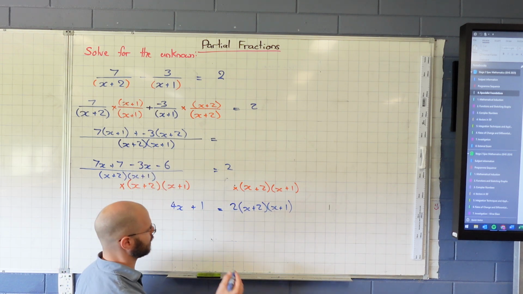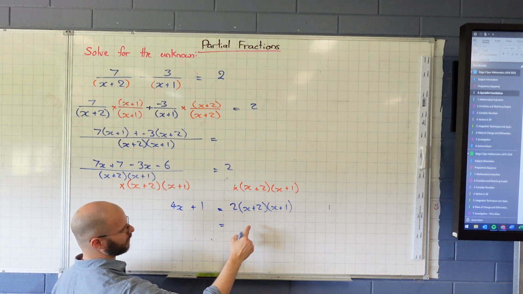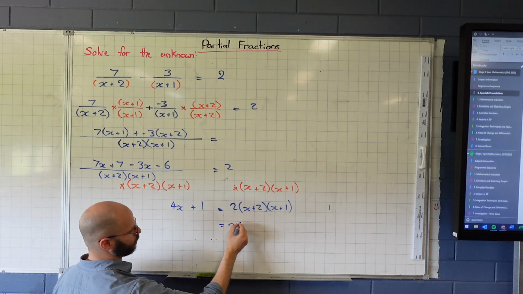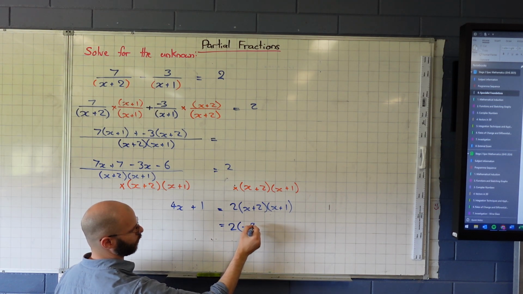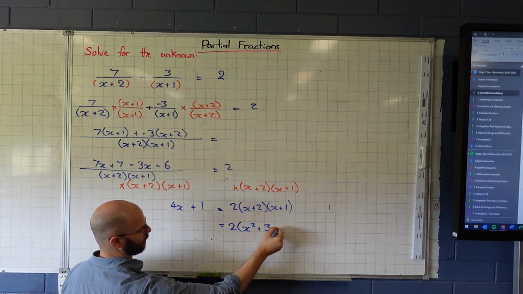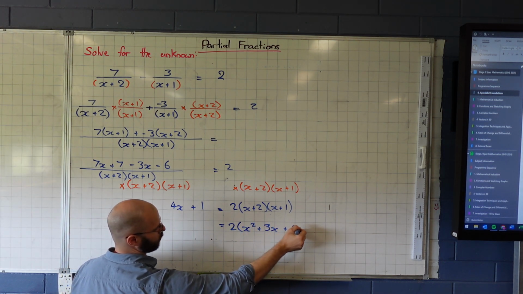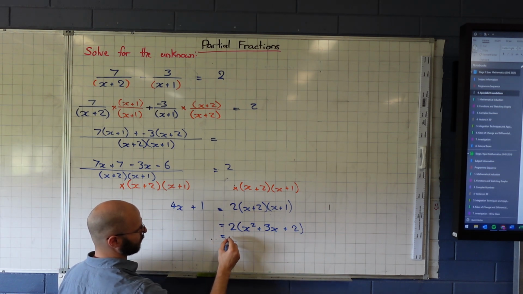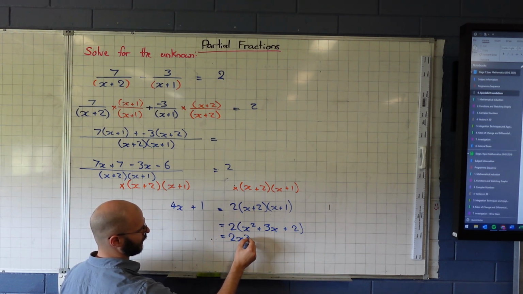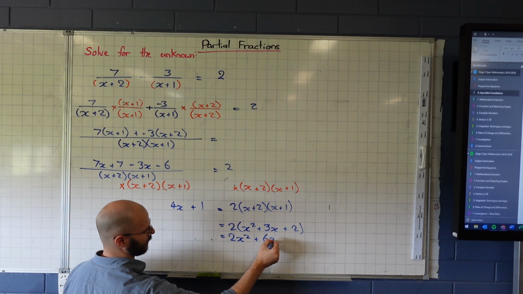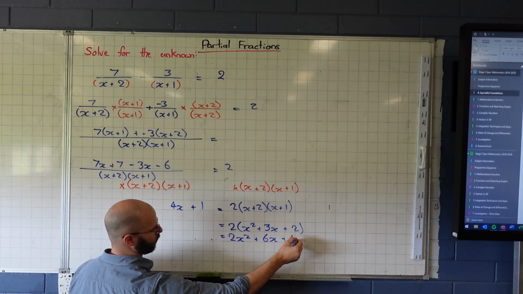We get a quadratic. Expanding out the right-hand side is going to be 2x squared plus 3x plus 2, and then that's going to become 2x squared plus 6x plus 4.